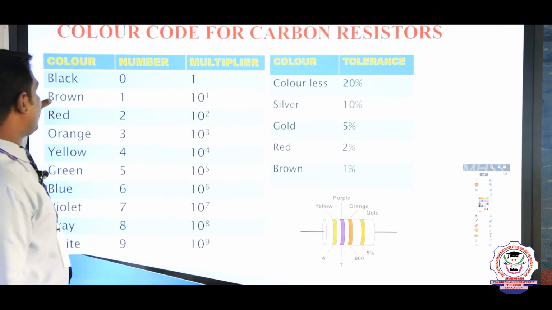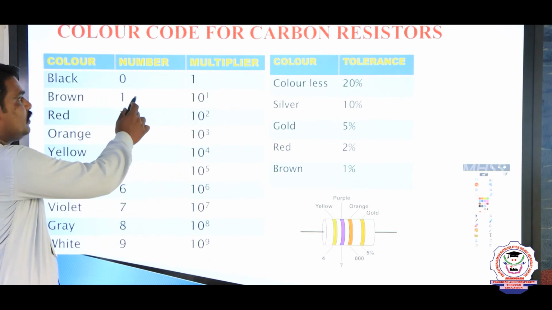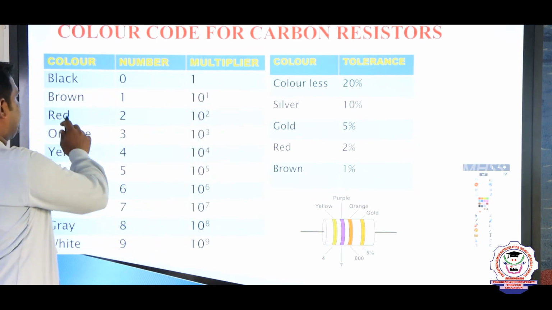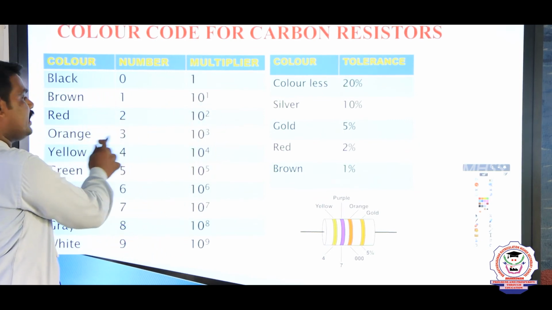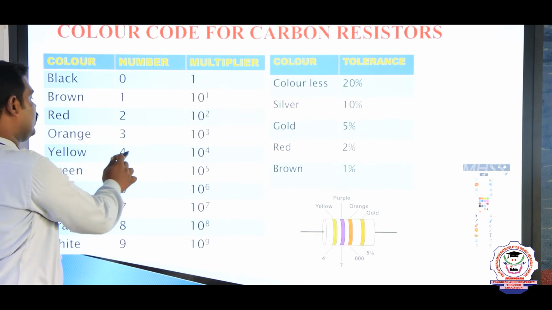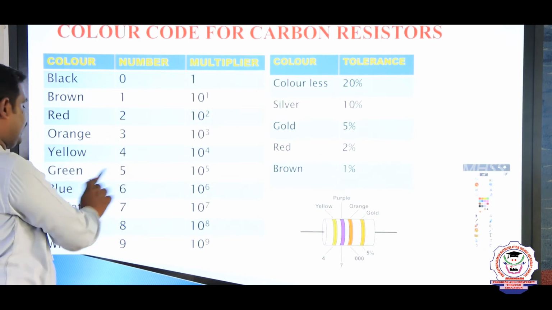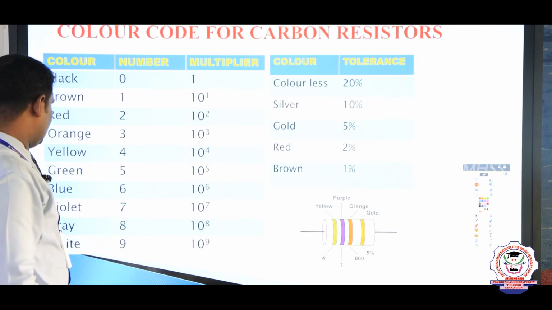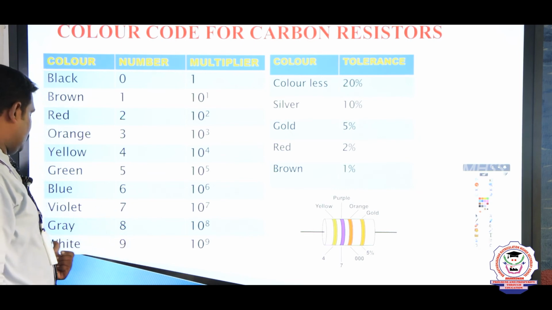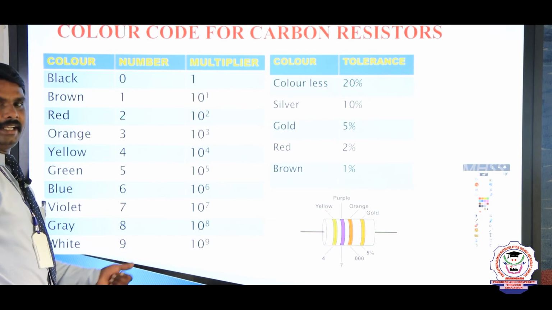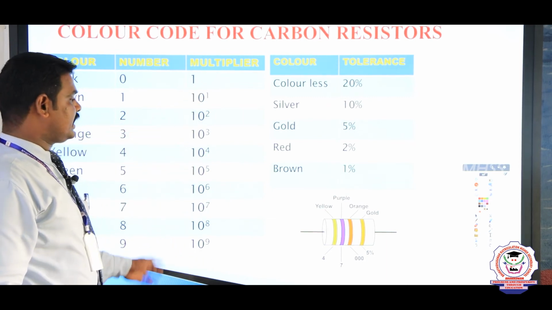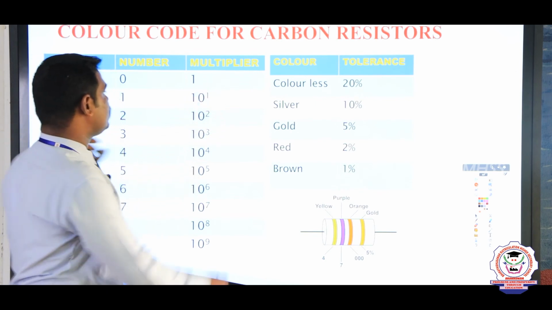Brown is value 1, multiplier 10 to the power 1. Red number 2, orange number 3, yellow number 4, green number 5, blue number 6, violet number 7, gray number 8, and white number 9. If the third color is given, we use the multiplier.